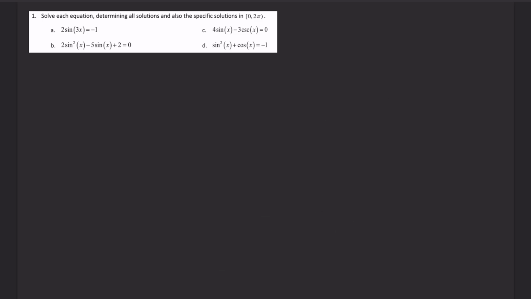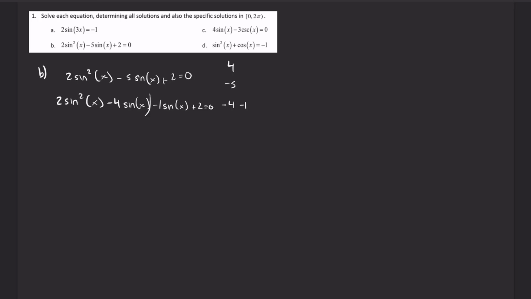Okay, so moving on to B, we have 2 sine squared x minus 5 sine x plus 2 equals 0. So for this problem, we have to find two numbers that multiply to 4 and add up to -5. So we know that -4 and -1 work here because these two multiply to 4 and add up to -5. So factoring by grouping, we'll group these together.